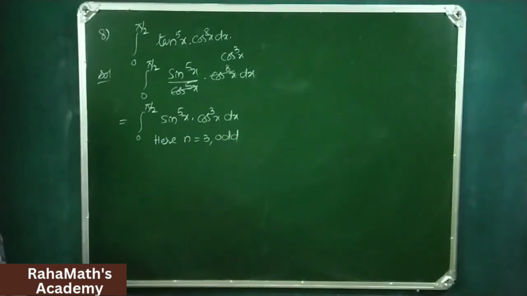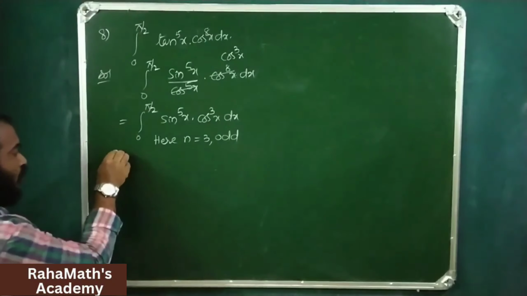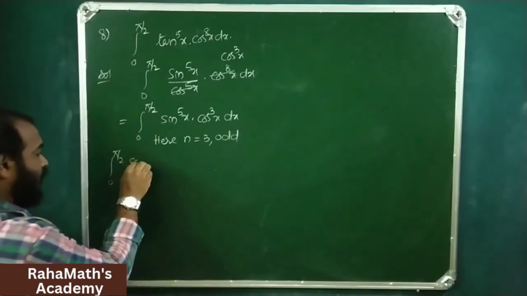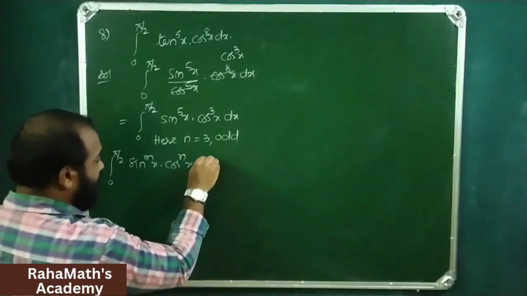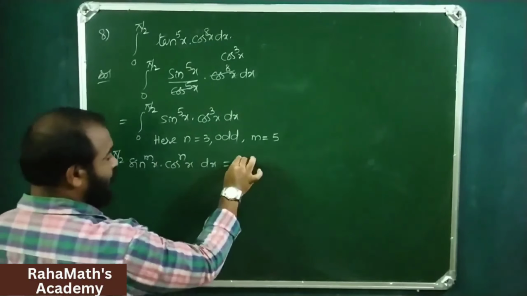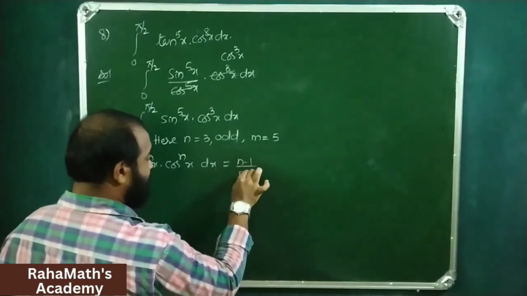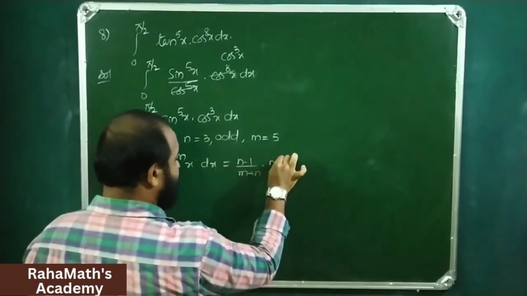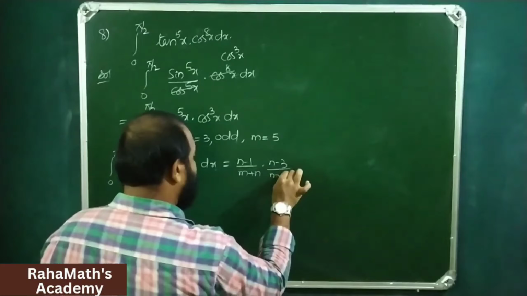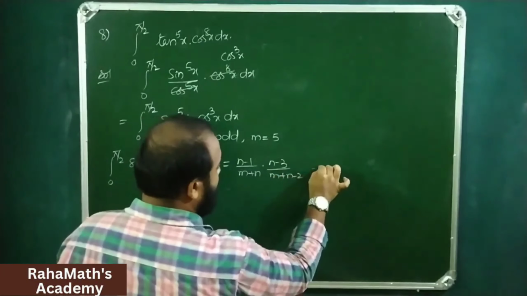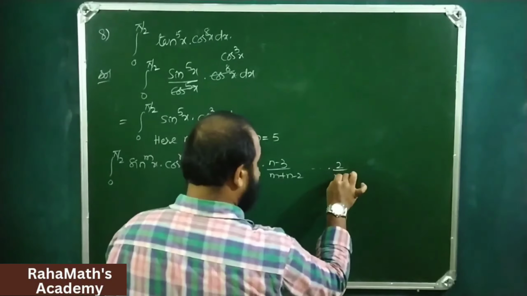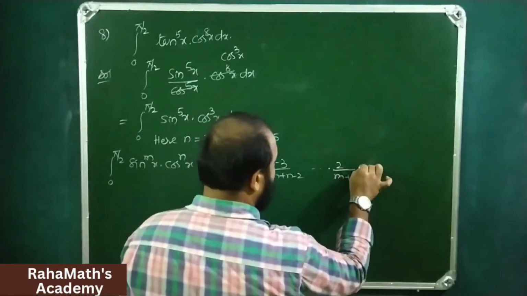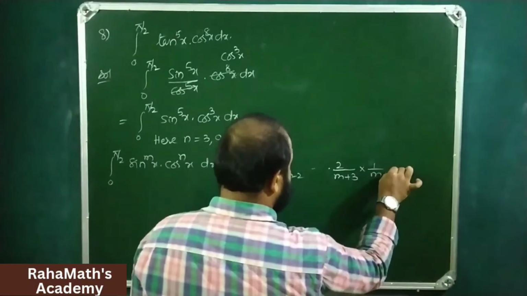If n is odd, integral 0 to pi by 2 sin power mx into cos power nx dx is equal to (n minus 1) by (m plus n), into (n minus 3) by (m plus n minus 2), etc., into 2 by (m plus 3), into 1 by (m plus 1).